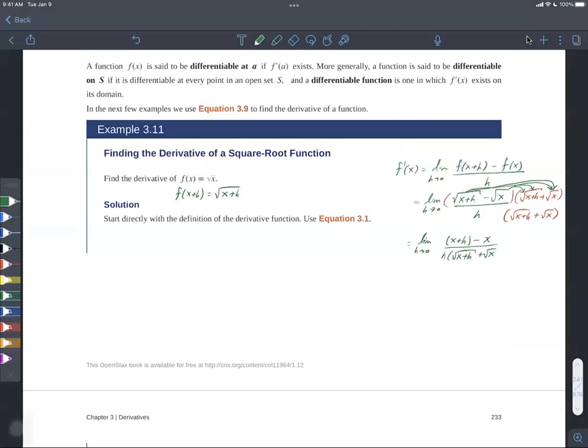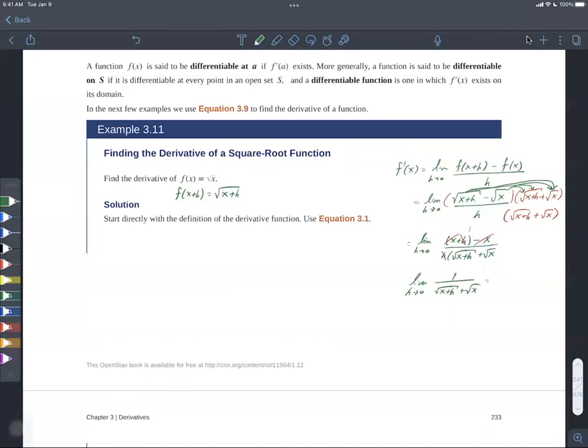You can see that the x's cancel in the numerator, positive x and negative x. Then we're going to have just an h on top, and that's going to cancel with the h on the bottom. So this gives us the limit as h approaches 0 of 1 over the square root of x plus h plus the square root of x.